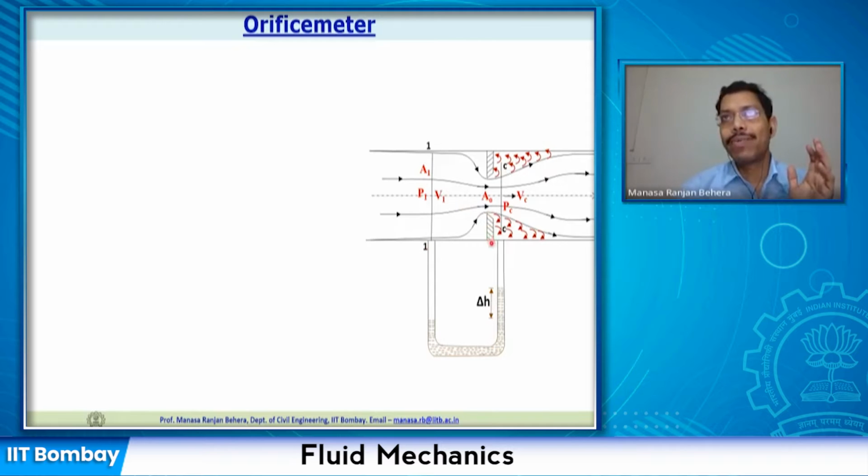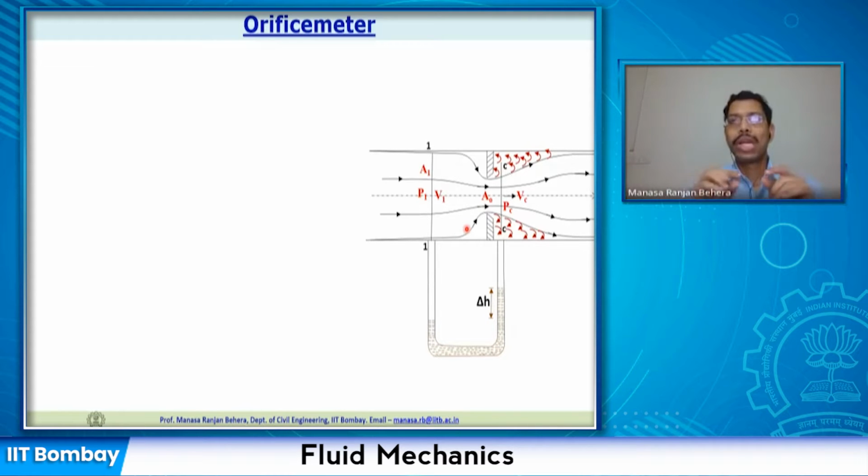Then there is the section where the flow is constricted, the location where we want to get the next pressure, or where we will attach the other pressure tap. But this pressure tap is not attached at the pipe or immediately next to it. It is attached slightly away, because when the flow is constricted, the streamlines converge and will not suddenly diverge there.